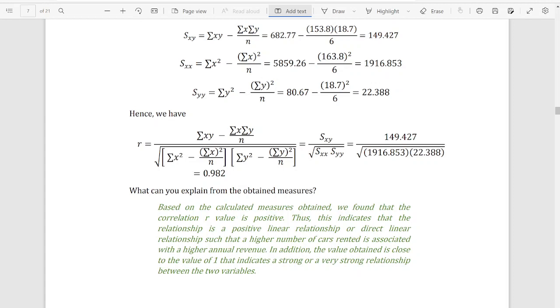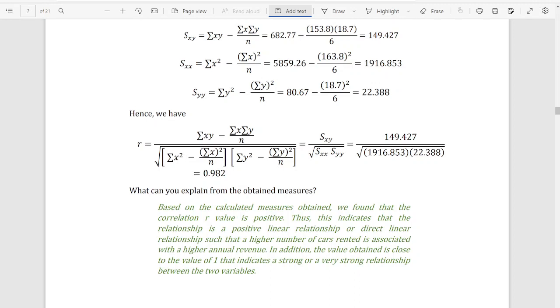In addition, the value obtained is close to 1, which indicates a strong or very strong relationship between the two variables.